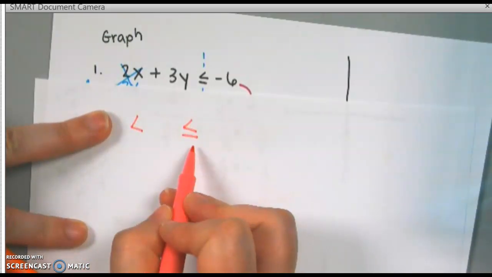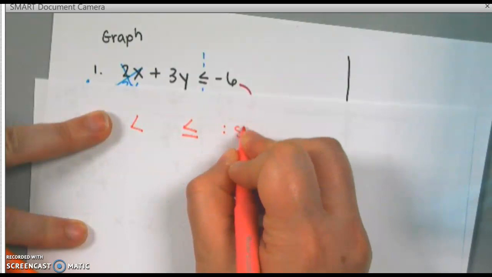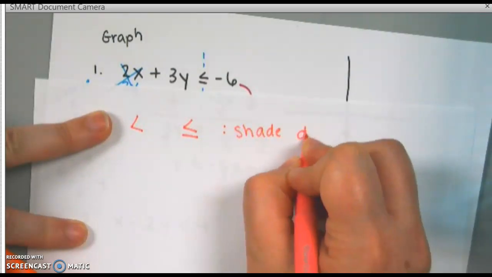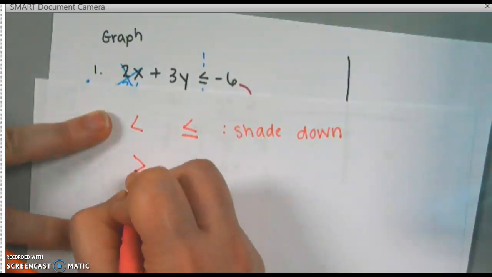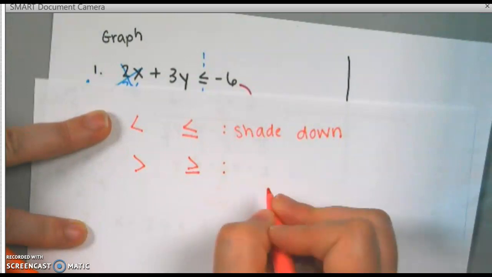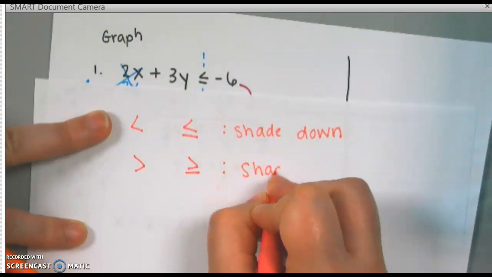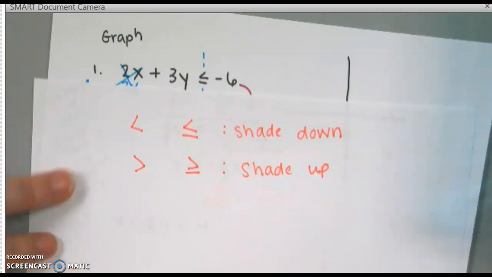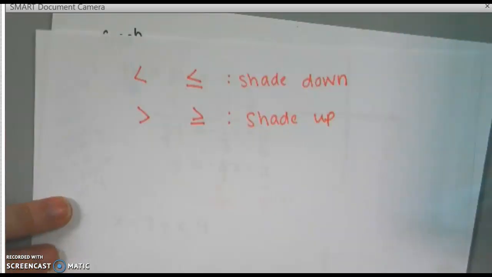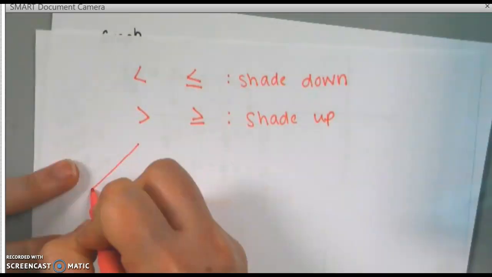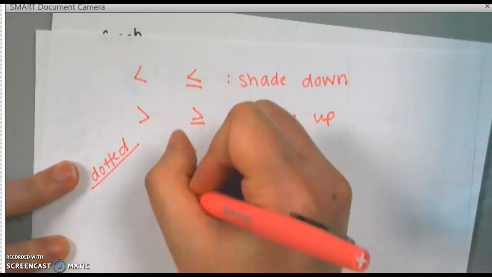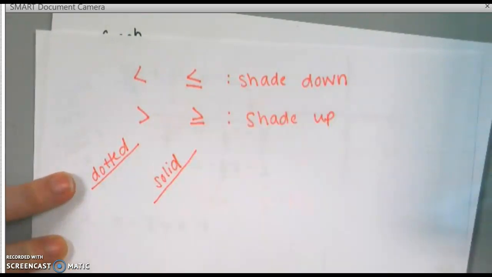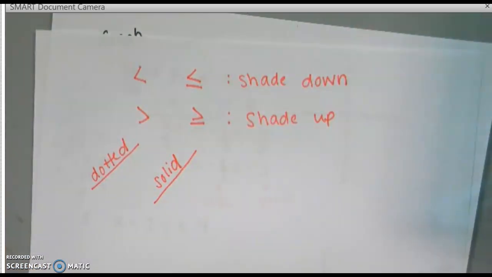For less than and less than or equal to, we shade down. For greater than and greater than or equal to, we shade up. These 2 lines are dotted. These 2 lines are solid. So pause and write those down.